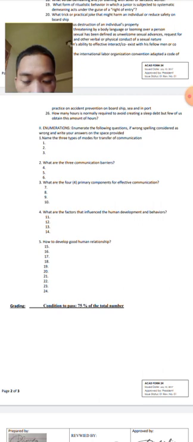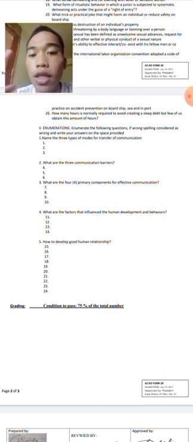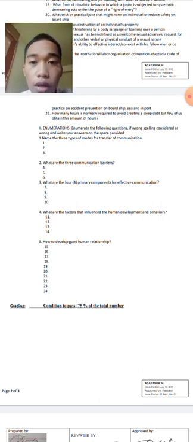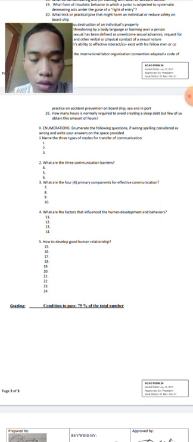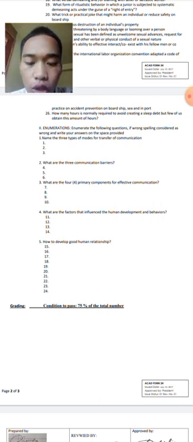And the last, number 5, how to develop good human relationship. In my own opinion, first, create a culture with good communication.